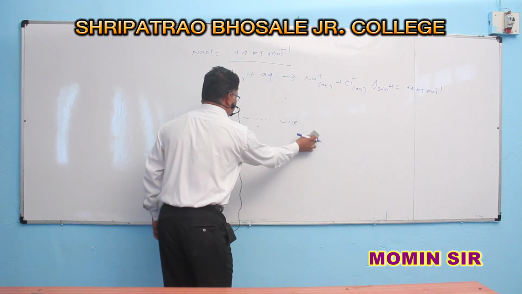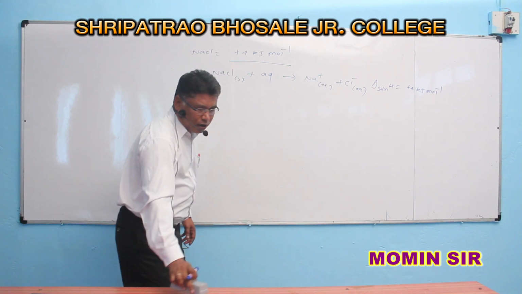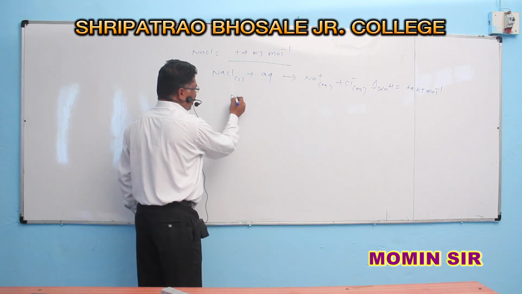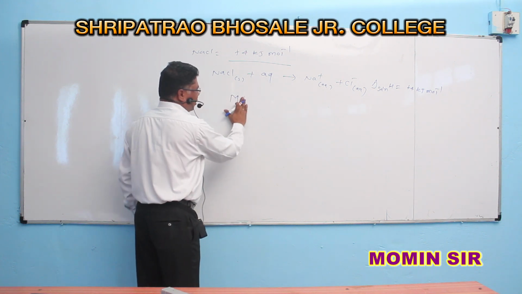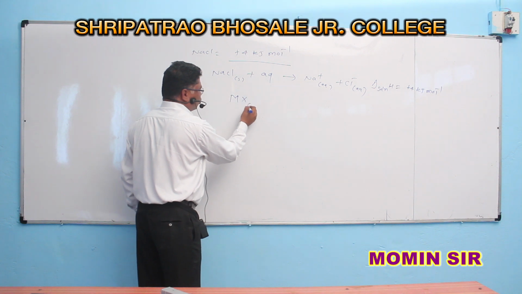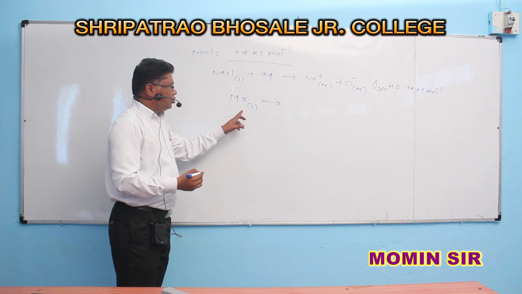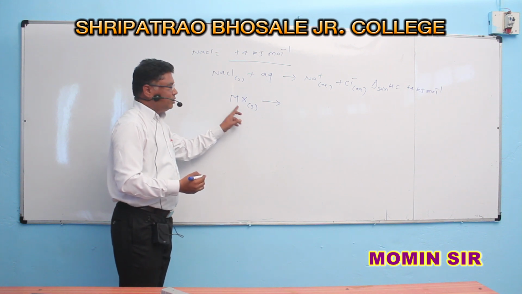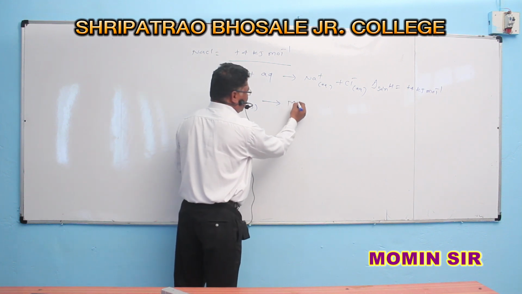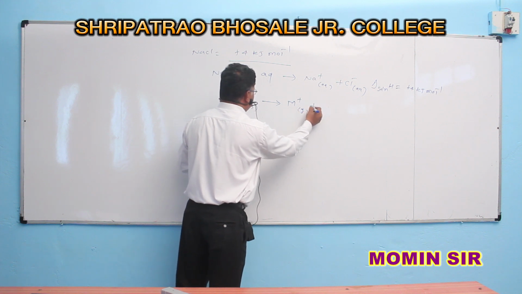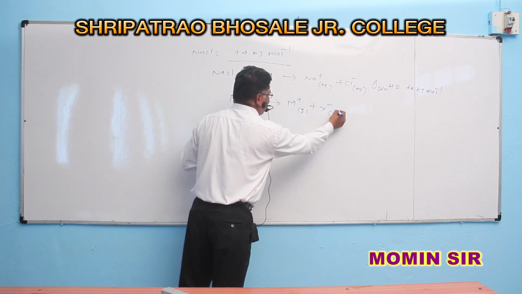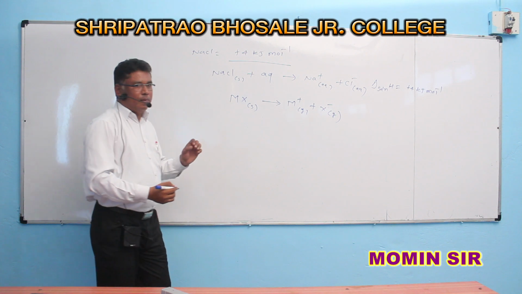For example, MX, a solid ionic salt, gives M plus gaseous plus X minus gaseous.